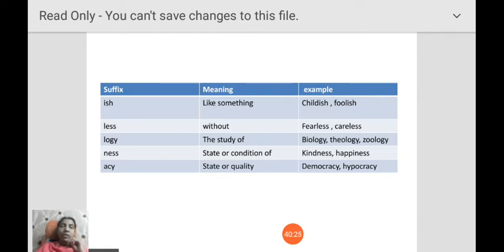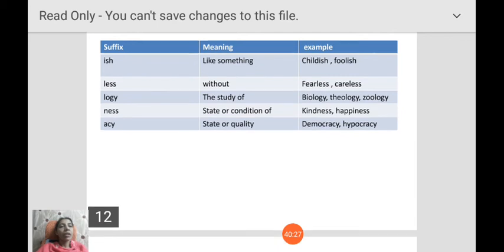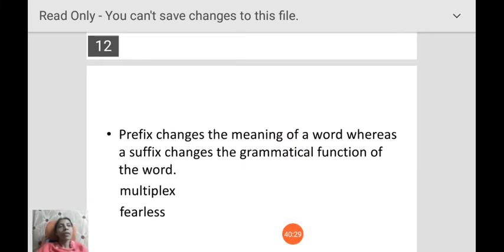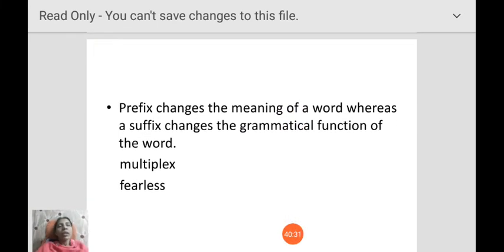Now look at something here. A prefix changes the meaning of a word, whereas a suffix changes the grammatical function of the word. So this is a matter of grammar, but as students you should know.